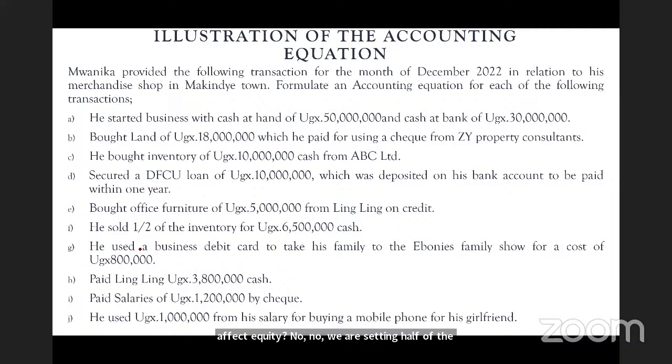So inventory is an asset. Are we together? So if we are selling, meaning the asset is reducing, inventory is reducing. Isn't it supposed to affect equity in any way? It has affected it in terms of profit. Okay. The profit element that we made out of that transaction is equity. Is it okay, Aisha?